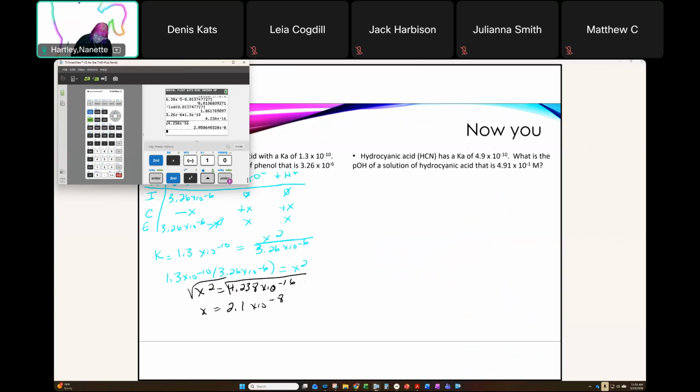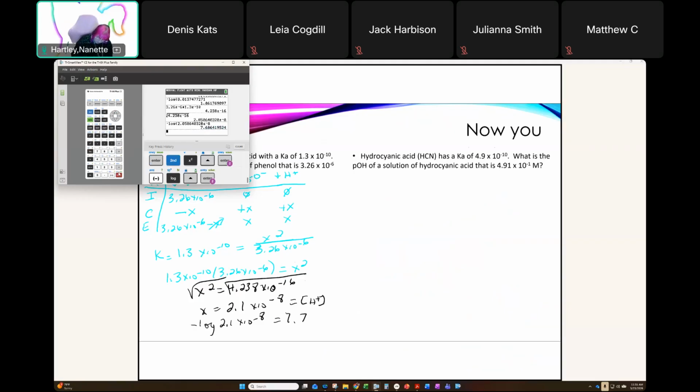So if this is my x, that's equal to my H plus. And so if I want POH, I can take the negative log of the 2.1 times 10 to the minus 8th, which gives me 7.7.